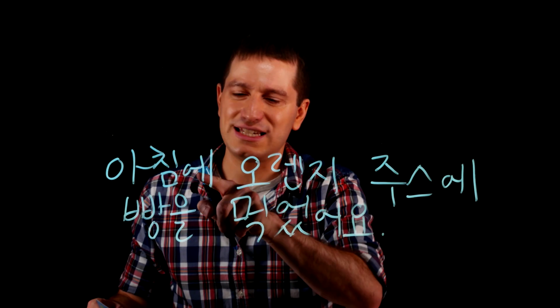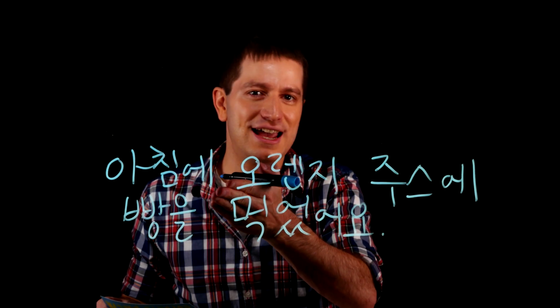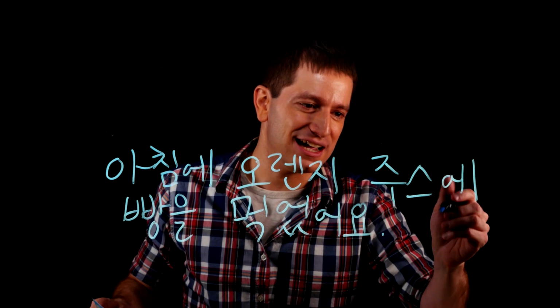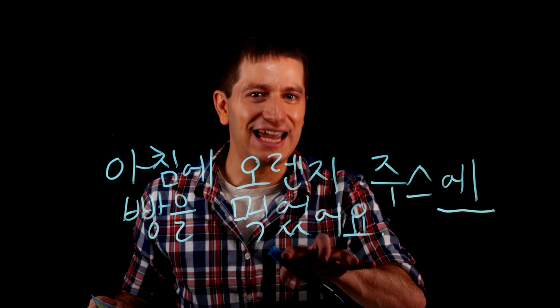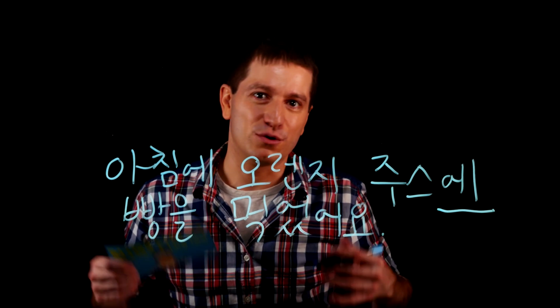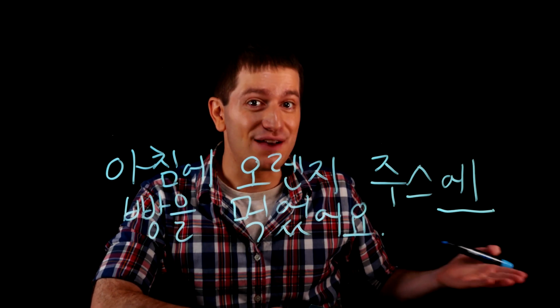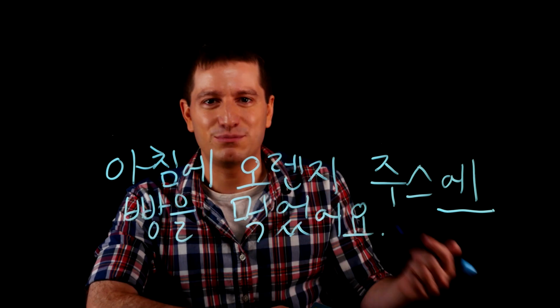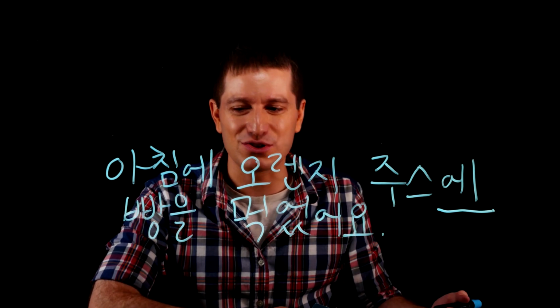Here we have 아침에, so in the morning. This is not 에 for 에다가, it's just "in the morning." 오렌지 주스에 빵을 먹었어요. So I ate bread and orange juice in the morning for breakfast. This meaning would also be the same as "on top of orange juice, I had bread," or "in addition to orange juice, I had bread."